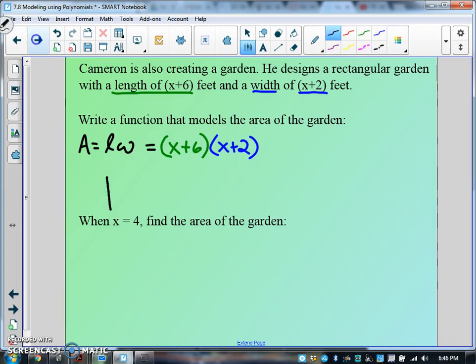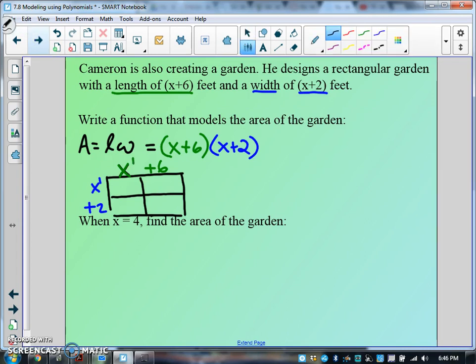I'm going to go ahead and create a Punnett square for this. x and plus 6, x and plus 2.